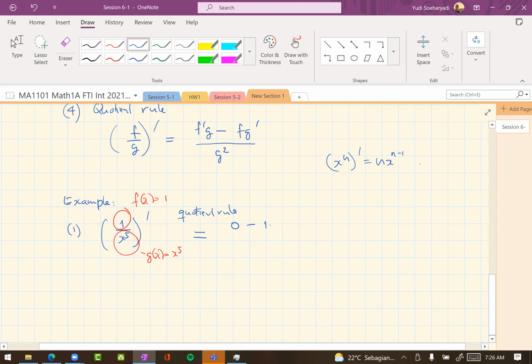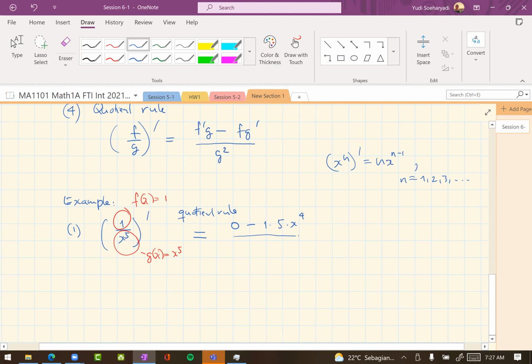We proved this one for n a natural number, say 1, 2, 3. So this is just 5x to the fourth.